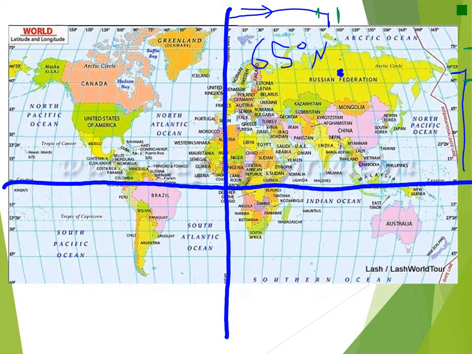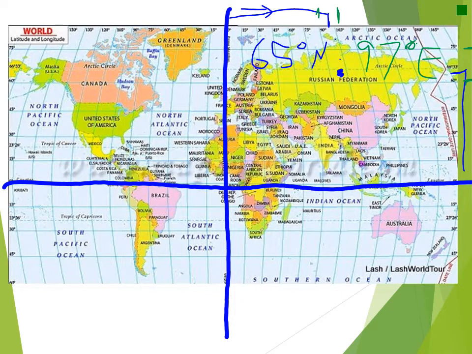If it's about halfway in there, we can guess about 97 degrees would be close enough. And it's going to be 97 degrees east because we are east of the prime meridian. We have moved to the east.